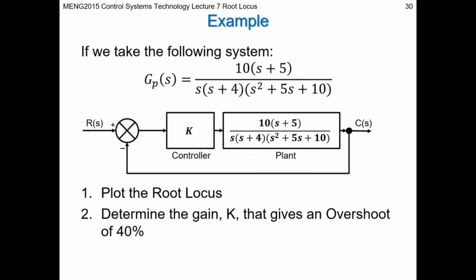So we're going to have 3 asymptotes because we've got 3 poles that are producing loci that can't go to zeros. Using all of that information, we can plot the root locus. And the question is saying, can you tell me what the value of gain k is that gives an overshoot of 40%? So how do we get that?